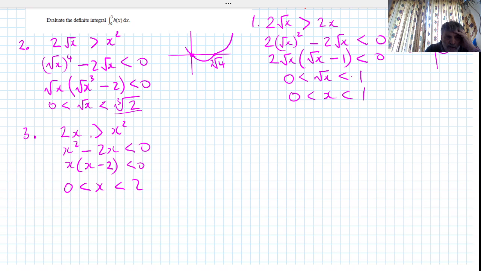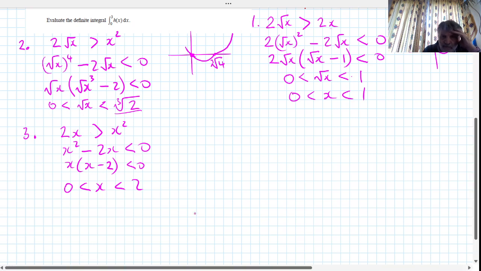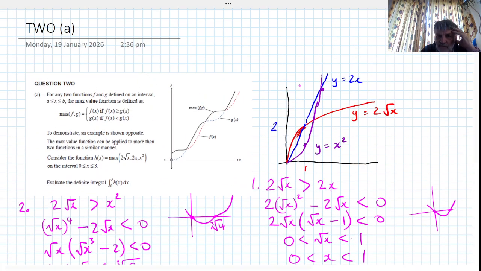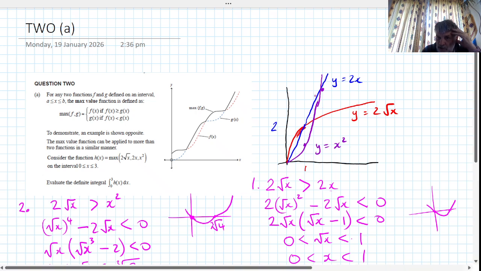So just as we saw basically on our very, very rough sketch, we've got the square root function is the maximum up to 1. Between 1 and 2, the linear function is maximum, and above 2, the quadratic function is maximum.